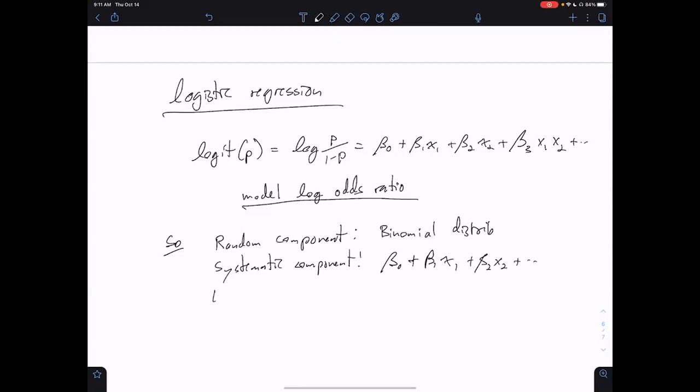And the link function is the logit. And then when you're applying a GLM using the glm function in R, you have control over all of these things. You tell it which variables to put in, and then it estimates the parameters. You tell it which family to use, and that's the random component, and you specify which link function to use. Although sometimes there's only a few choices.